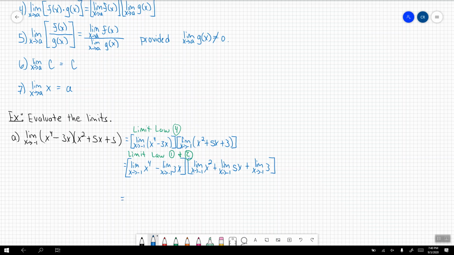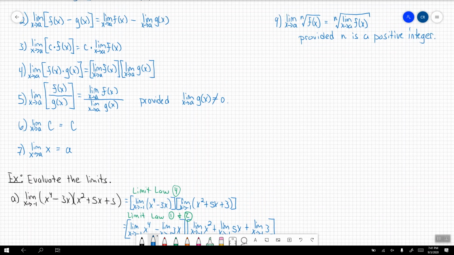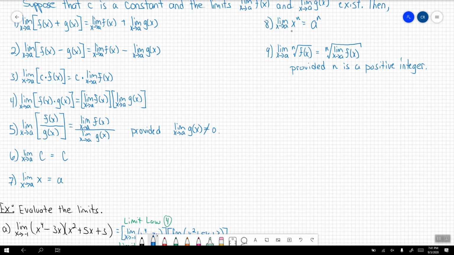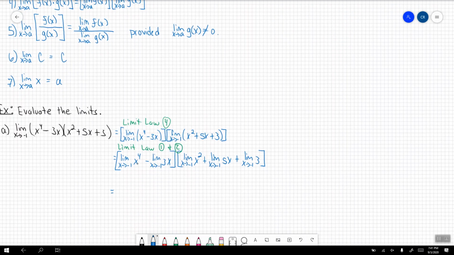Now, wherever I see fit, I can start evaluating those limits. So the first term is the limit as x is approaching -1 for x to the 4th. This is provided by limit law 8, that I can do a direct evaluation now because I have a variable to an exponent. So in this particular case, I just insert -1 into that power. And here I say that I was using limit law number 8.